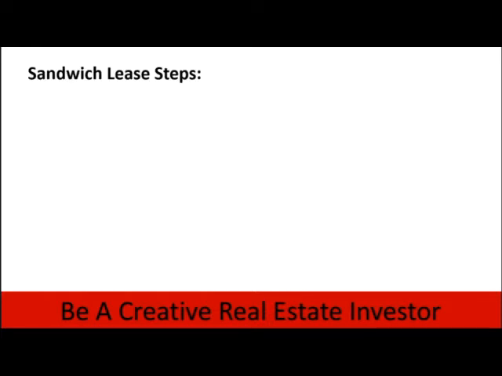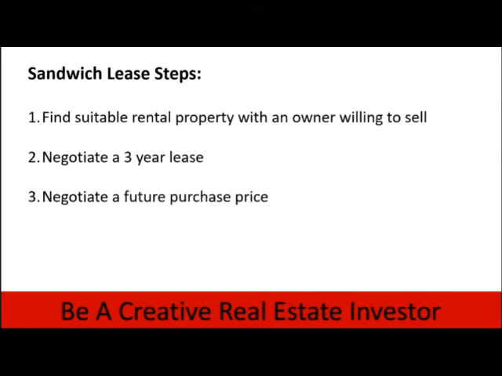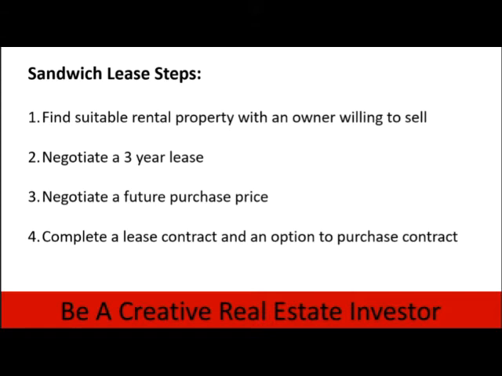Now the steps to do a sandwich lease, high level again: just find that suitable rental property with an owner willing to sell. You enter into a 3-year lease. It can be 2 years, 3 years. Negotiate a future price as well that is acceptable to yourself. Complete the lease contract and an option to purchase contract.